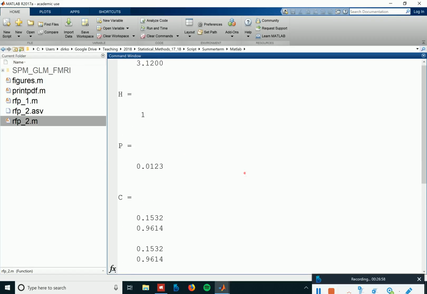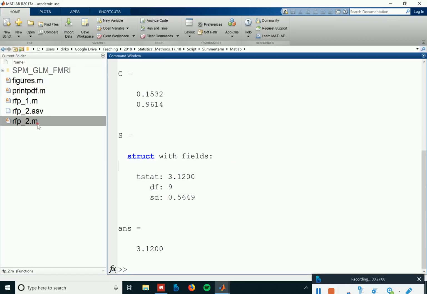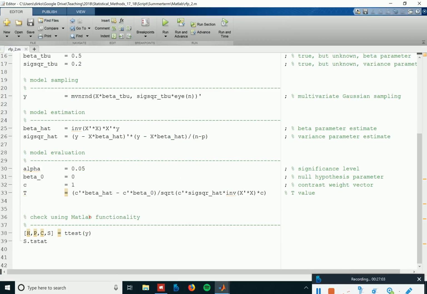So our t-value and the MATLAB t-value are the same. So either we are both wrong or we are doing okay.